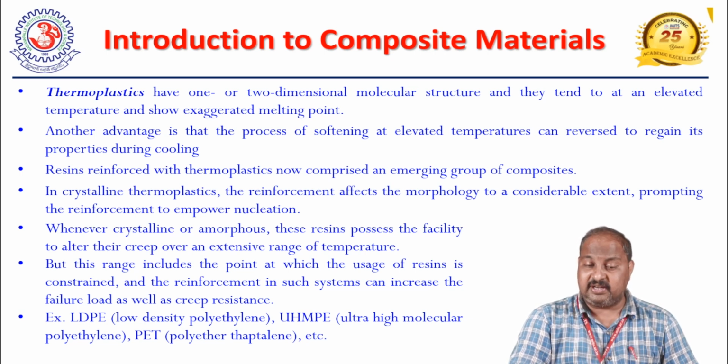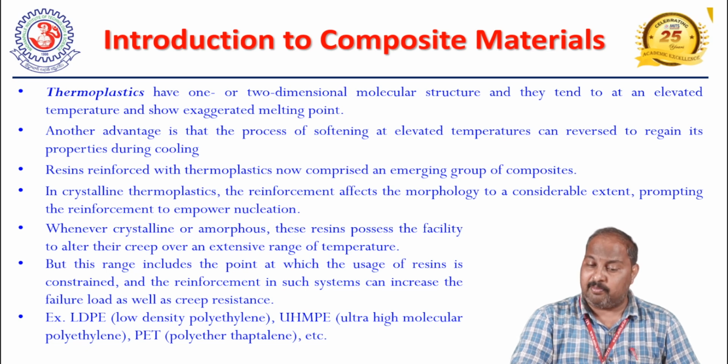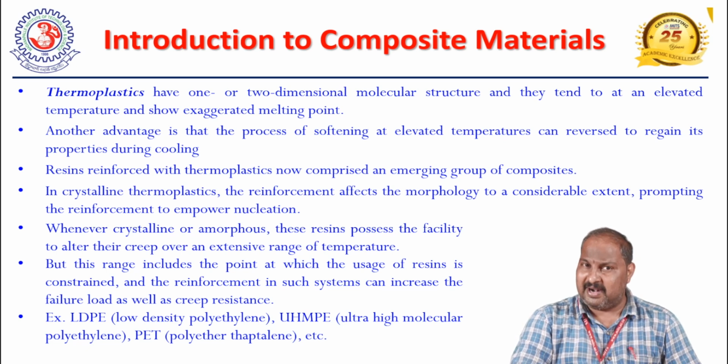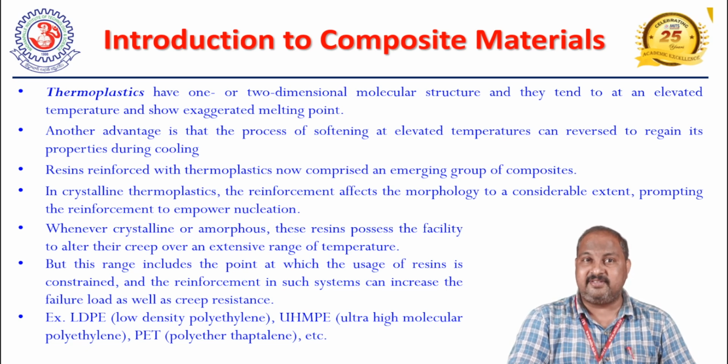In crystalline thermoplastics, the reinforcement affects the morphology to a considerable extent, prompting the reinforcement to empower nucleation. Whether crystalline or amorphous, these resins possess the facility to alter creep over an extensive range of temperature. But this range includes the point at which the usage of resins is constrained, and the reinforcement in such systems can increase the failure load as well as creep resistance.